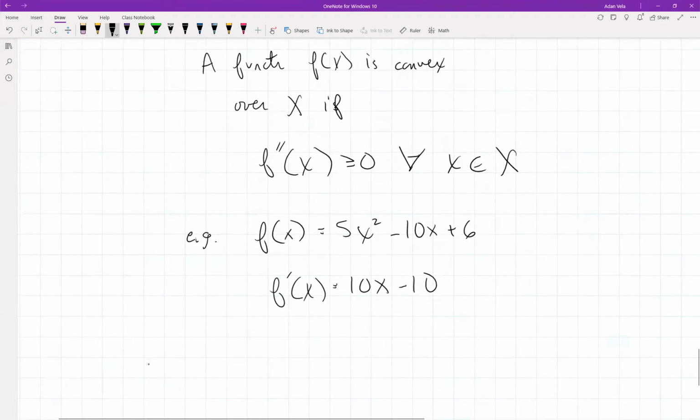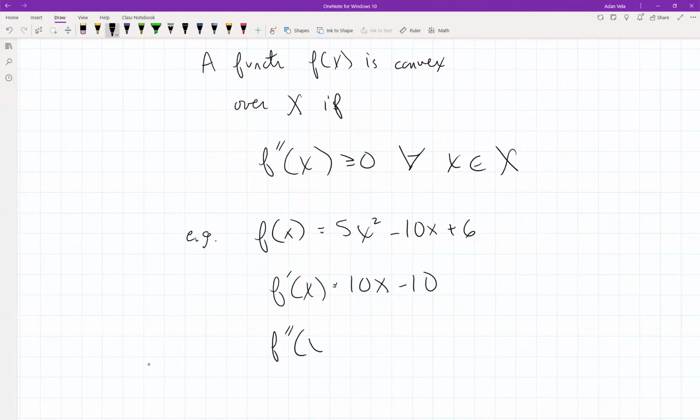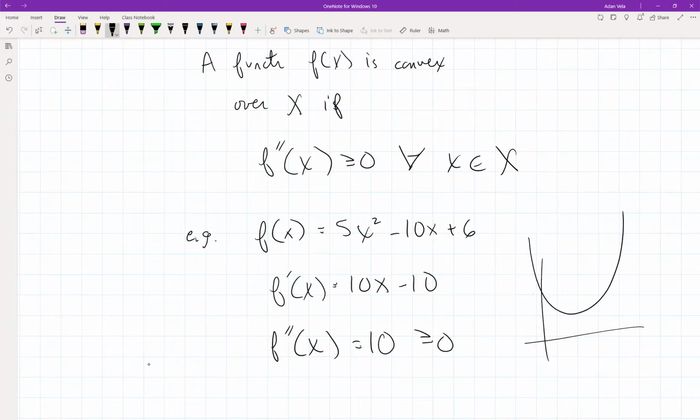And then we can take the second derivative, and we get 10. And that's certainly greater than 0, right? So that fits the idea that it's bowl-shaped, and the second derivative is positive. And again, you can see the idea that if we draw any tangent line to the function, it's below the function itself. So this is a neat little property.